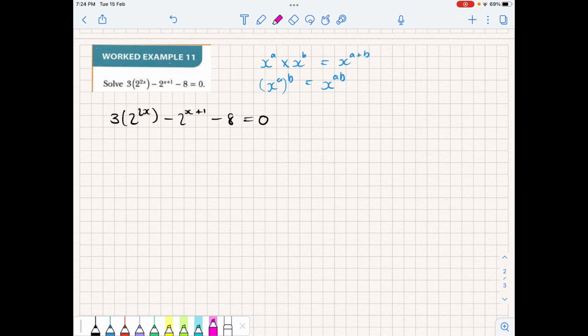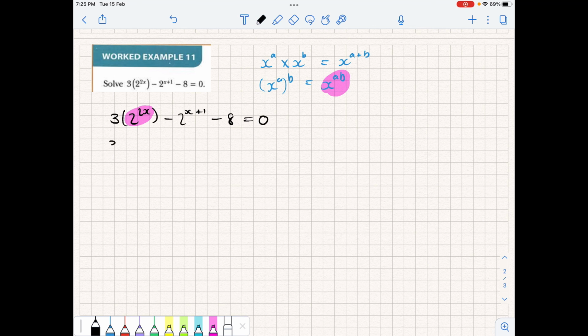Okay, what we're going to do is manipulate the term slightly to our advantage. If we have a look at this term here, this can be compared to this law of indices, where if we have a power raised to a power, we multiply the indices. I'm going to split them back up.